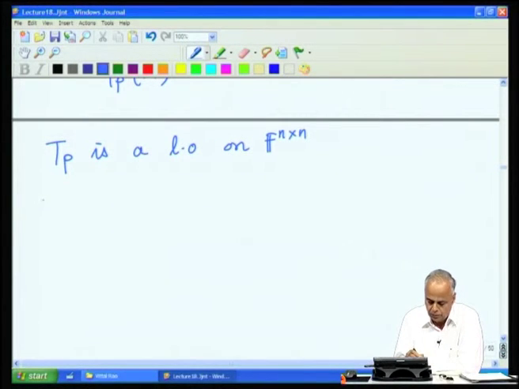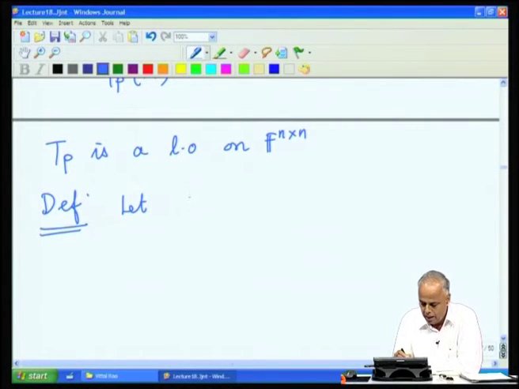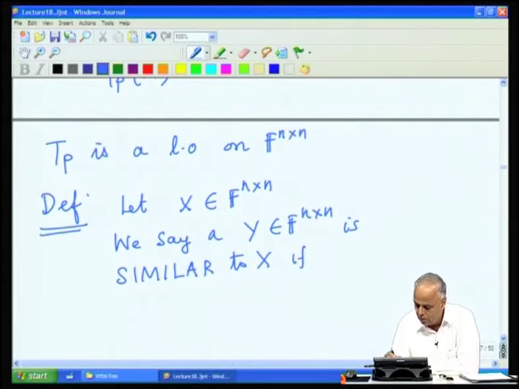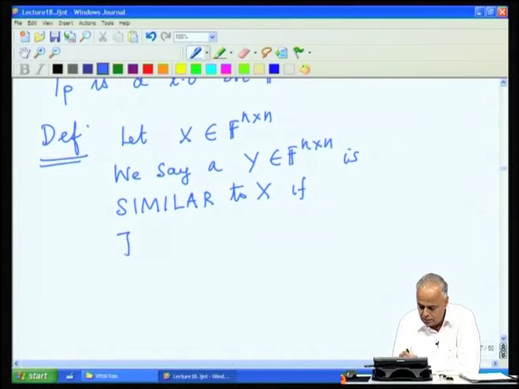We will introduce a definition which will be useful later. So, let x be any n cross n matrix. We say a y belonging to Fn cross n is similar to x if there exists a P in Fn cross n, that is an n by n matrix, such that TP of x is y.